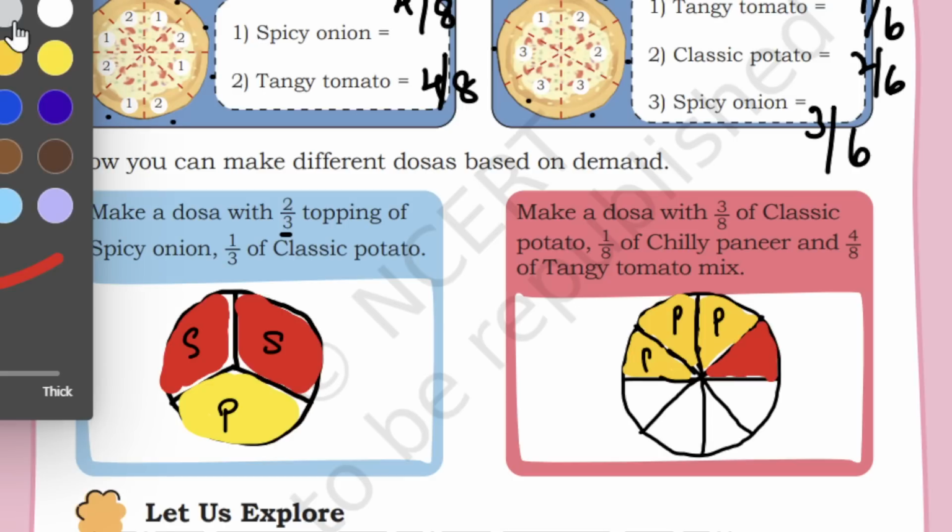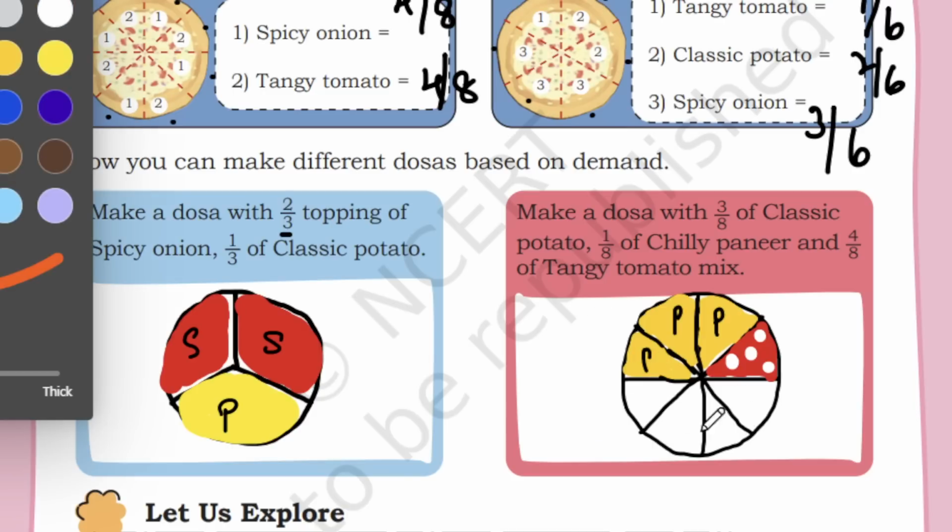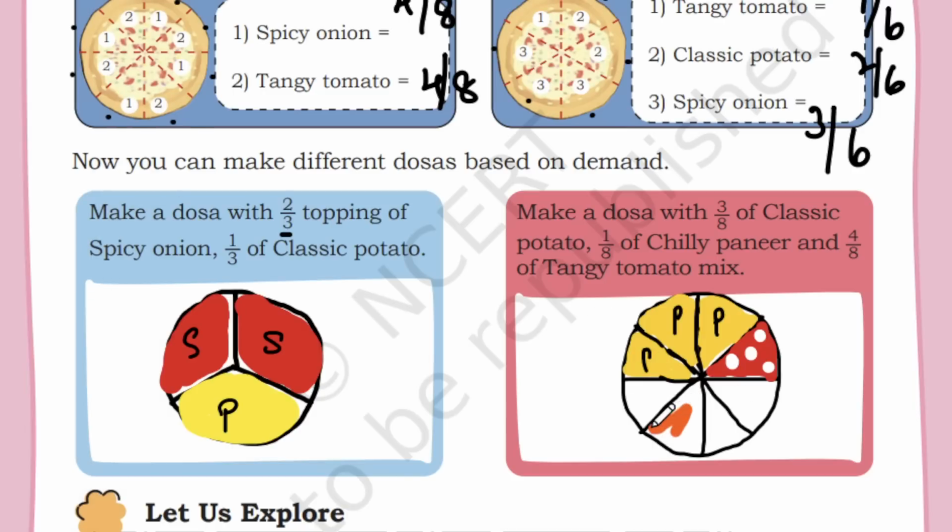Okay, we'll make paneer cubes. Okay, so this is chili paneer. Next we have tangy tomato. So tangy tomato we will do in orange. How many tangy tomatoes do we have? 4.